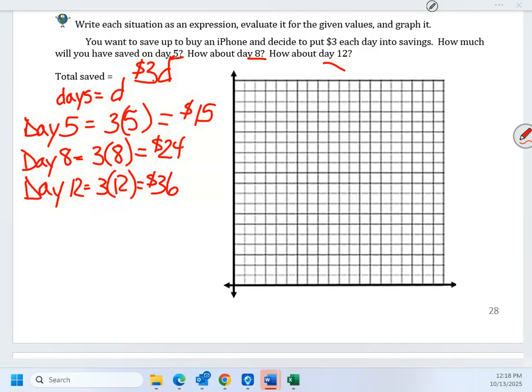So now I need to graph it. So when we graph it, we're going to put our days as our X axis, and then our savings we're going to put as the Y. So the days is what we're changing every time.